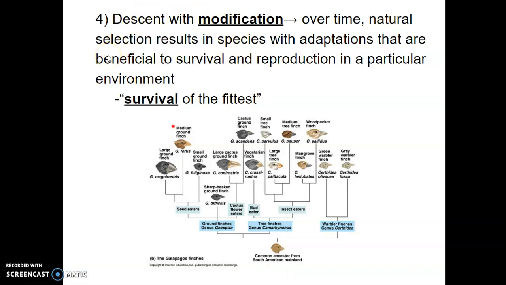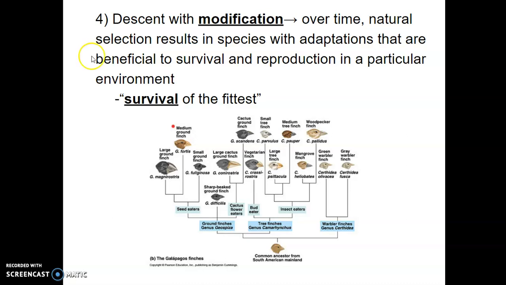So in other words, the ones with adaptations that aren't positive, that aren't good, are going to die out. And they are going to have fewer offspring, and that generation is not going to have nearly as many that look like them or had the certain traits as them. But the ones with positive adaptations, the ones that helped them survive, are going to be passing on those traits on and on down through generations, and eventually it would most likely become the primary trait in whatever we're talking about.